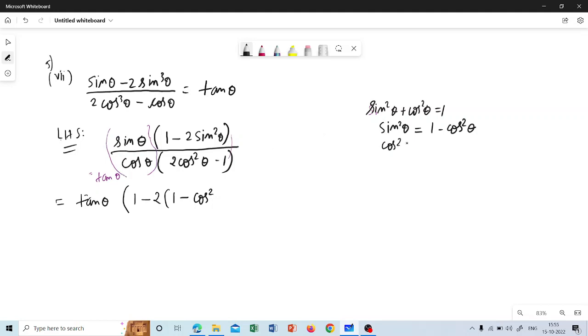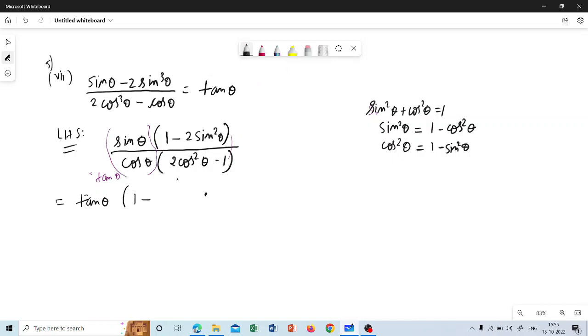It is better to write cos square theta as 1 minus sine square, and both are the same, but because there is a minus sign, there is a higher probability that someone may commit a mistake. So I will keep the numerator the same and try to substitute the denominator.